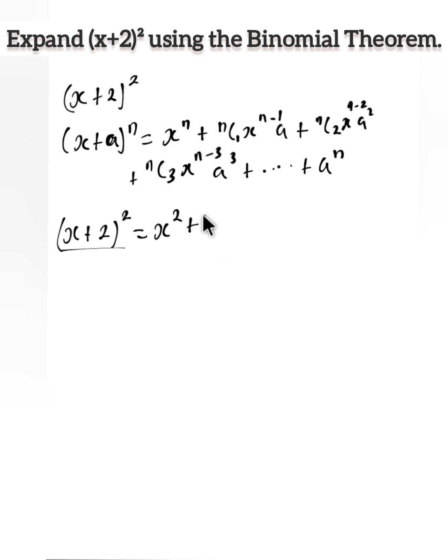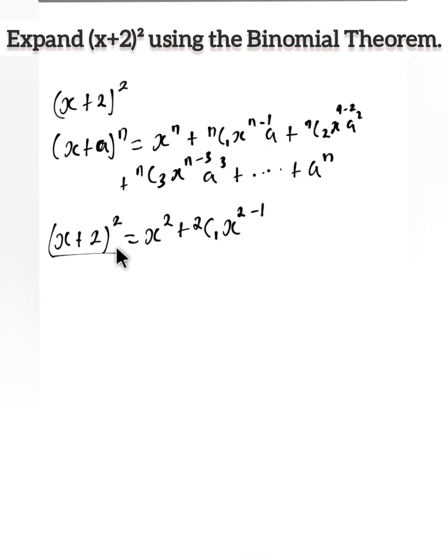Recall that n is 2, so this is 2 combination 1, x^(n-1), which is 2 minus 1, a, and a is 2 over here, so here will be 2, plus n combination 2, n is 2, so it's 2 combination 2, x raised to the power n minus 2. Remember that n is 2, so it becomes 2 minus 2, a squared, since a is 2, so it becomes 2 squared.